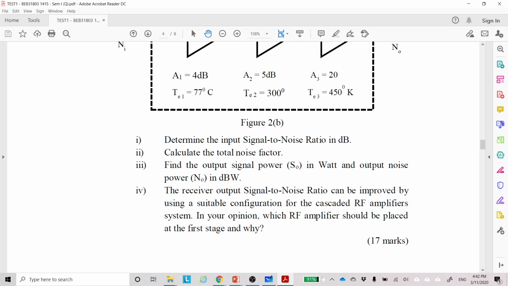The receiver output signal to noise ratio can be improved by using a suitable configuration for the cascaded RF amplifier system. In your opinion, which RF amplifier should be placed at the first stage and why?